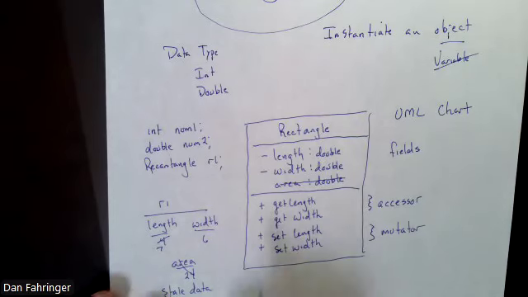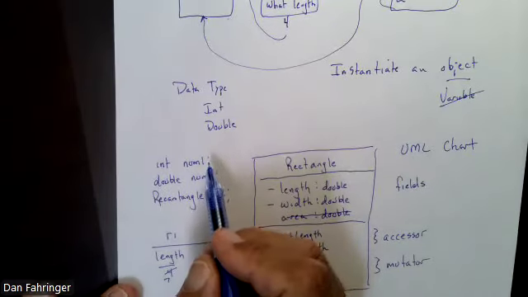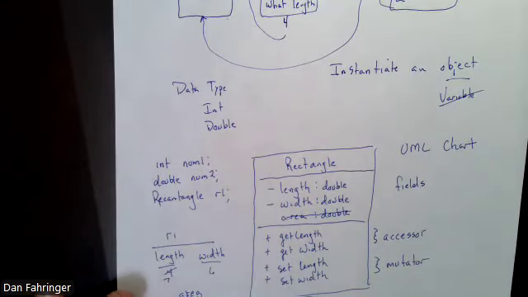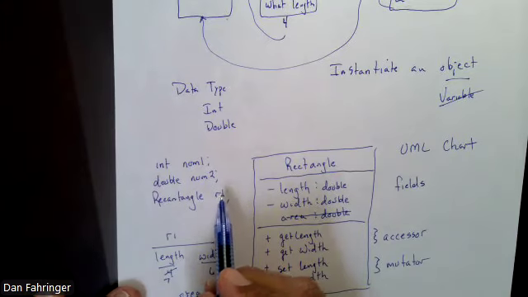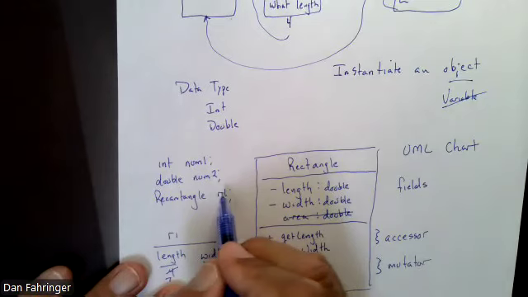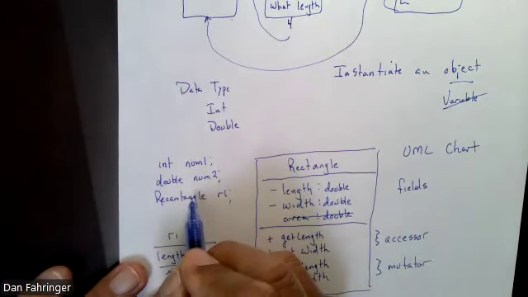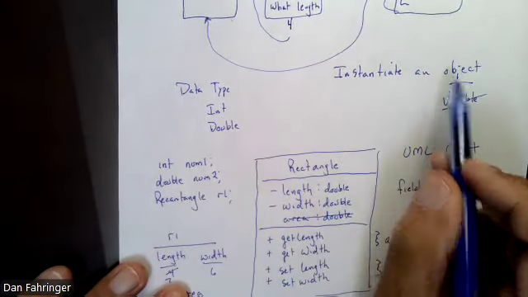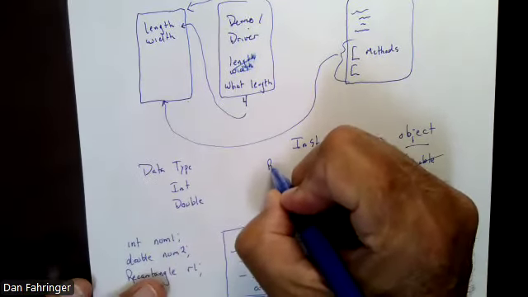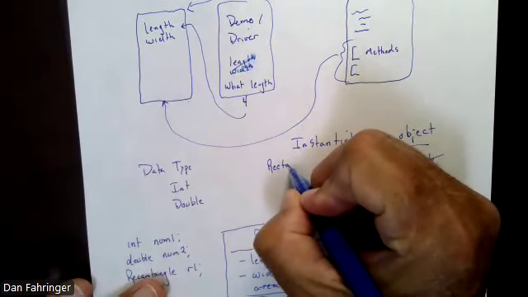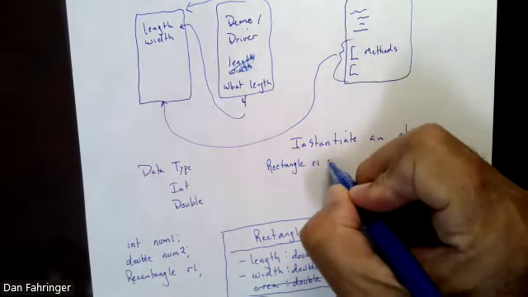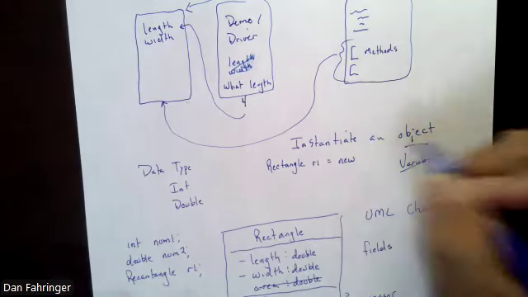Okay. So over here, I said we're going to get ready and do int num1, double num2, Rectangle R1, but this isn't complete. The way that I instantiate an object, I need a little more. I need the data type, but the way these objects work, I'm going to be writing something that looks more like this: Rectangle R1 equals new Rectangle.